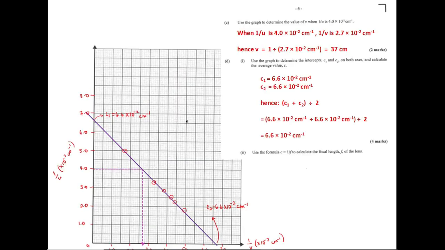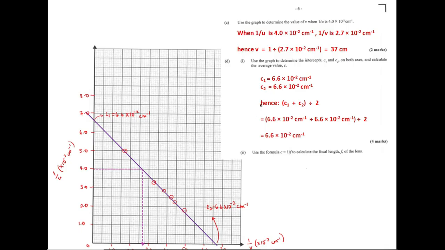So working out the average wouldn't be hard at all. What I did is make it clear that C1 was equal to 6.6 times 10 to the negative 2 per centimeters, and that C2 was equal to 6.6 times 10 to the negative 2 per centimeters.